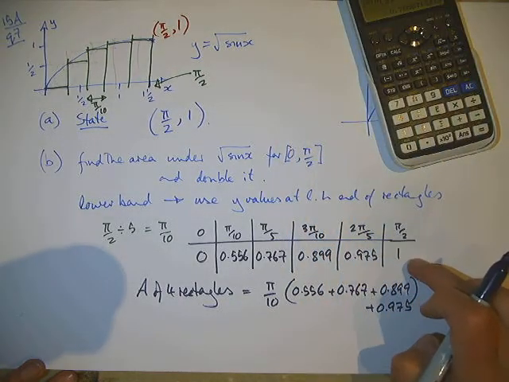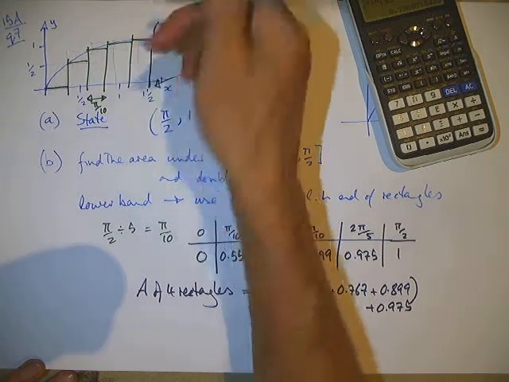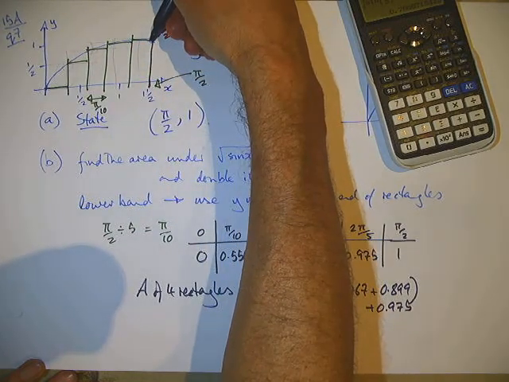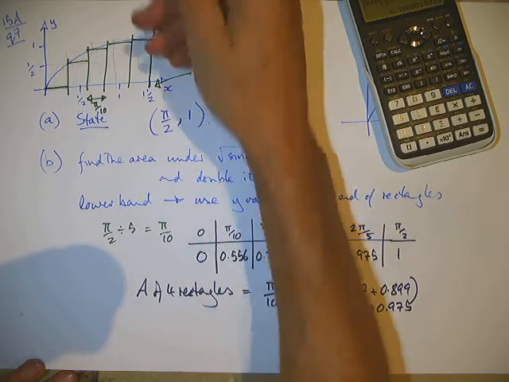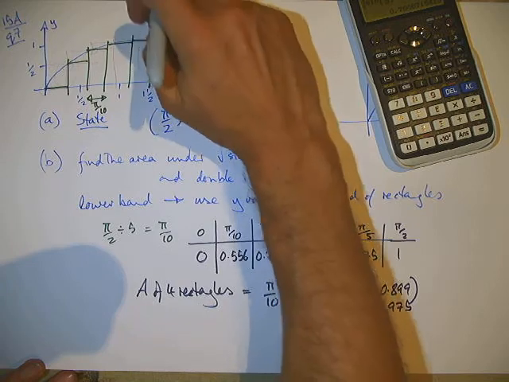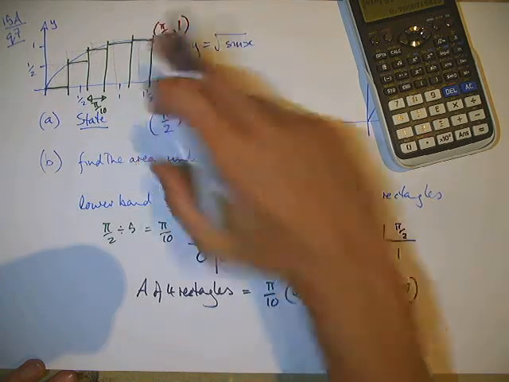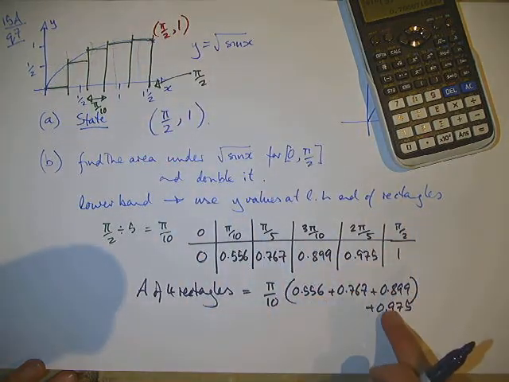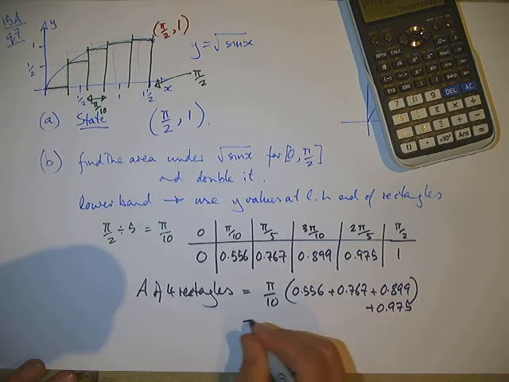I don't need to use the 1 because the 1 is the height. It's the height we're not using. It's the right hand end of the last rectangle, okay? In this case, 1, 2, 3, 4, 4 rectangles.